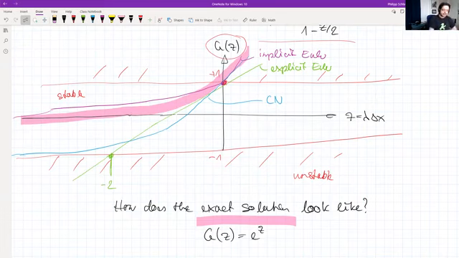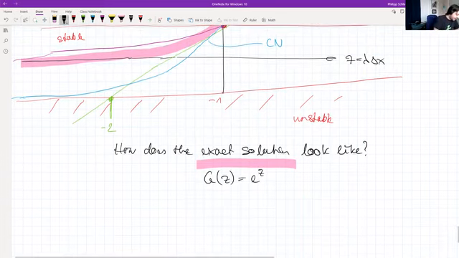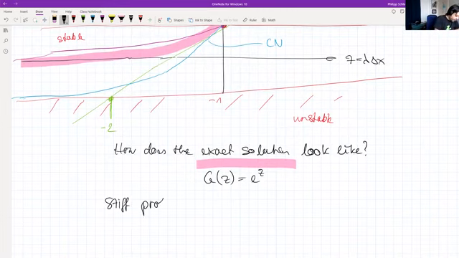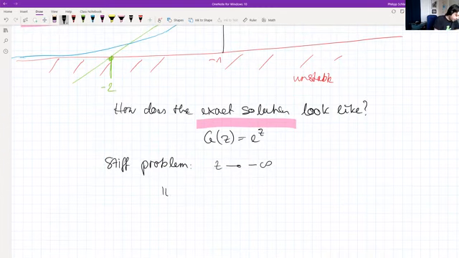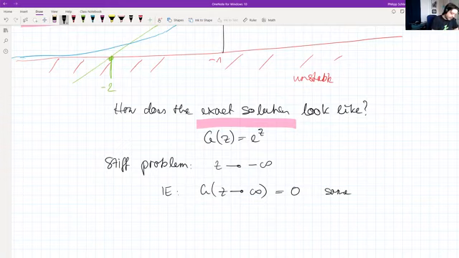That means that for stiff problems, and that's what you also looked at in the homework, which means that Z is going to -infinity, for the implicit Euler, G of Z going to -infinity is 0, which is the same as the exact solution.